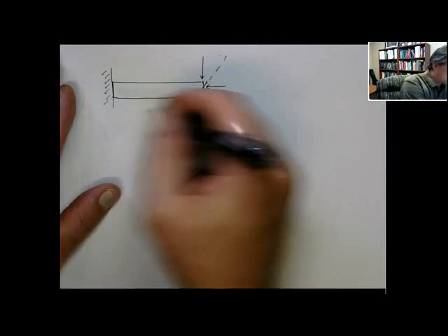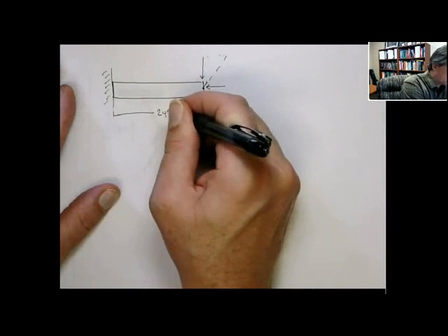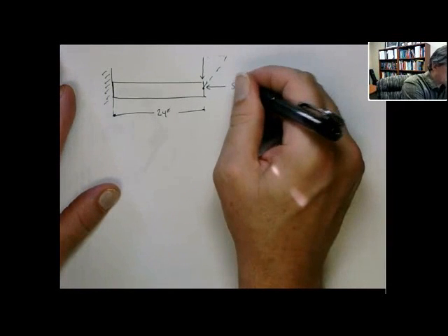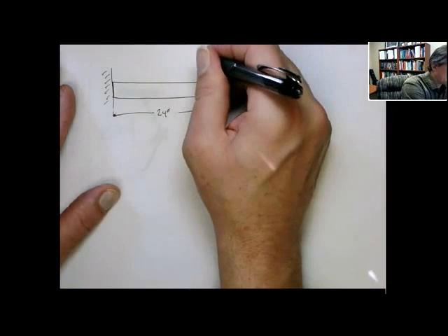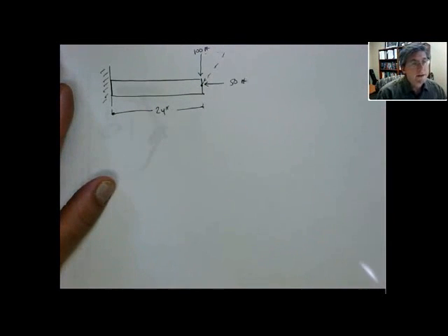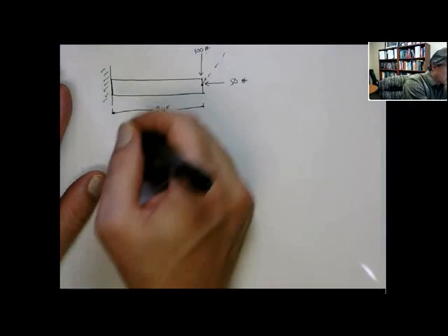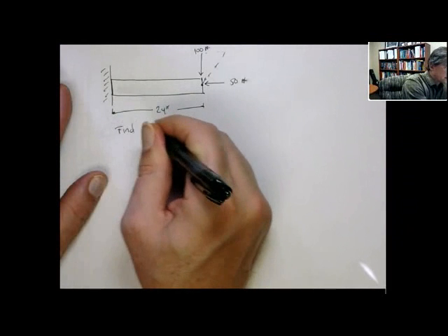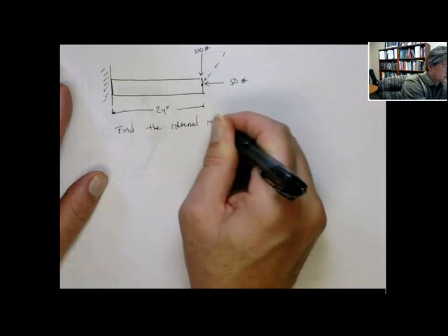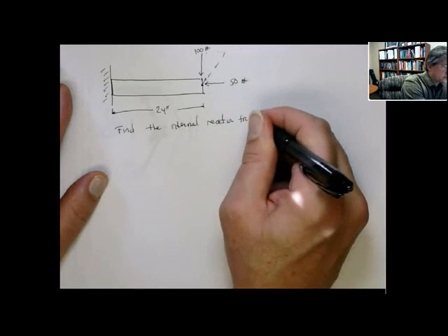All right. Let's give this thing a length of 24 inches, 2 feet. And let's call this 50 pounds. And this is going to be 100 pounds. Okay? All right. Now, a typical problem would be find internal reaction forces.